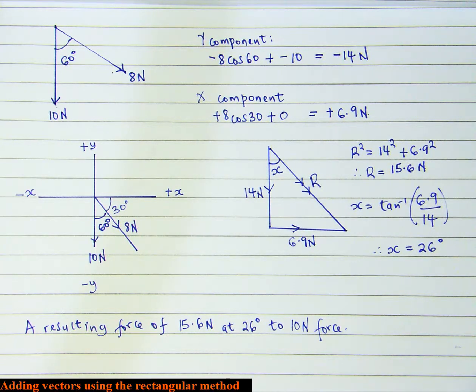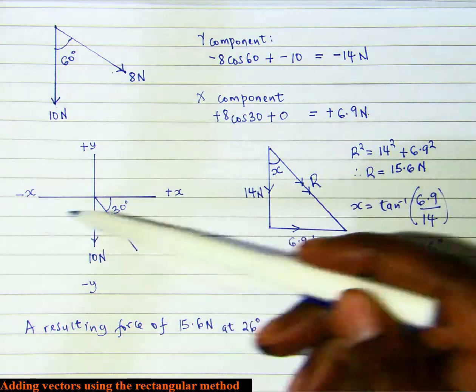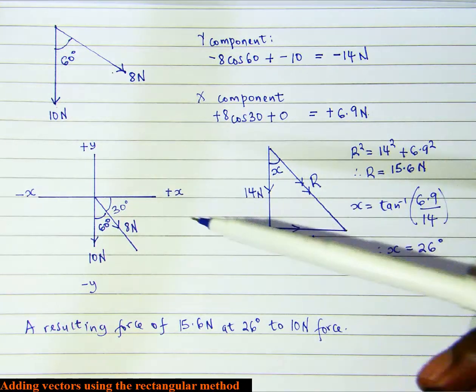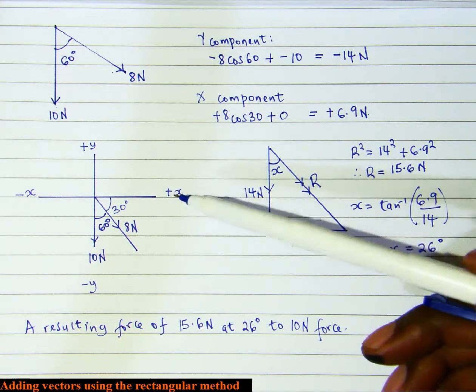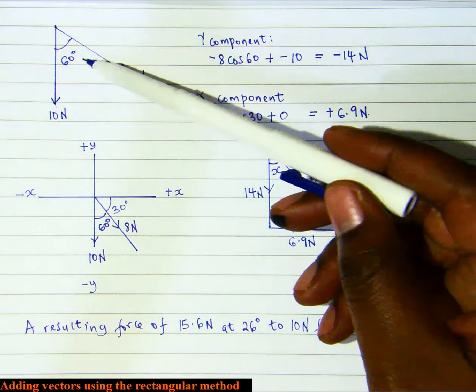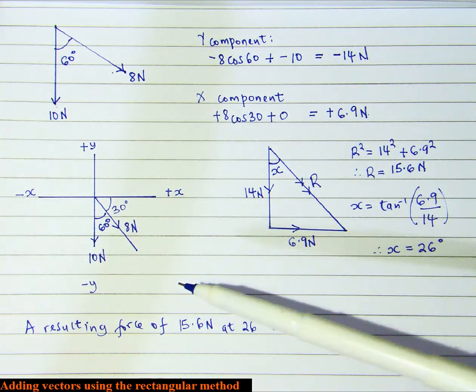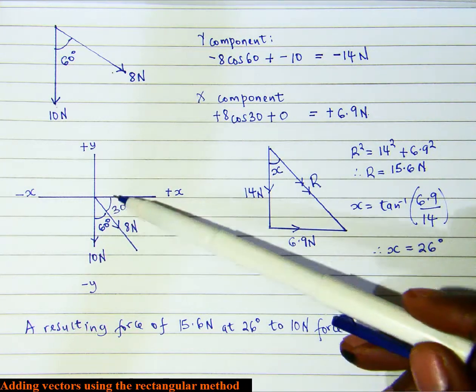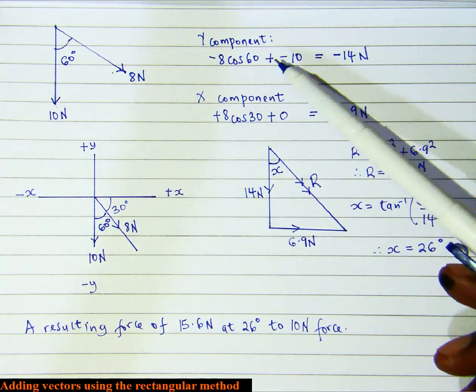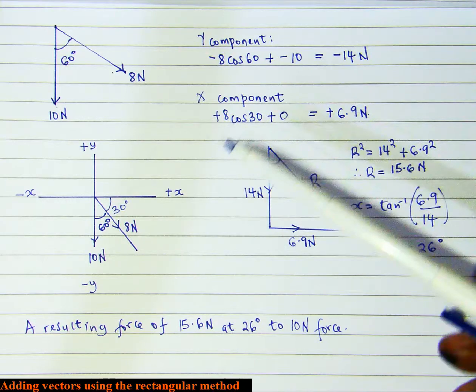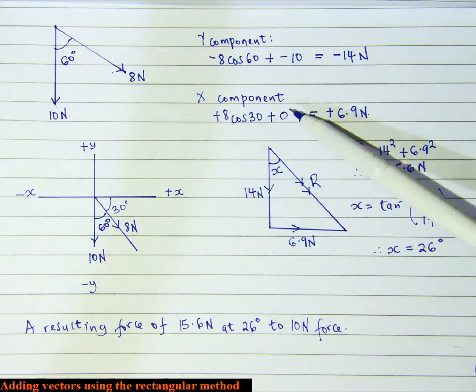Just to go through the steps again, you create two axes, positive y and the positive x. You redraw your initial vector along those two axes, and then you resolve each force in the y component, and then again each force in the x component.